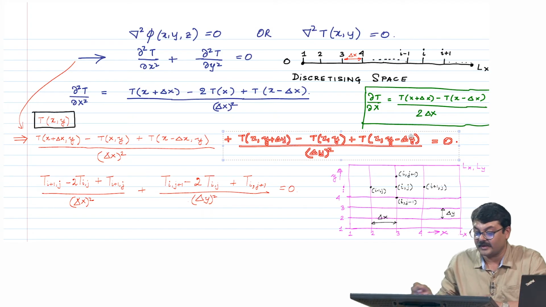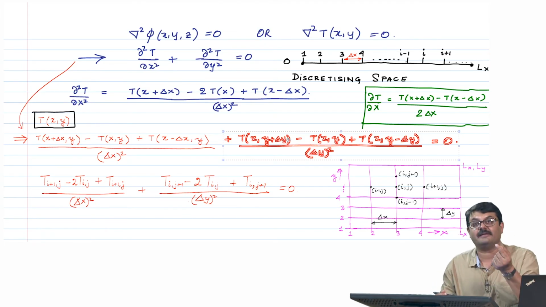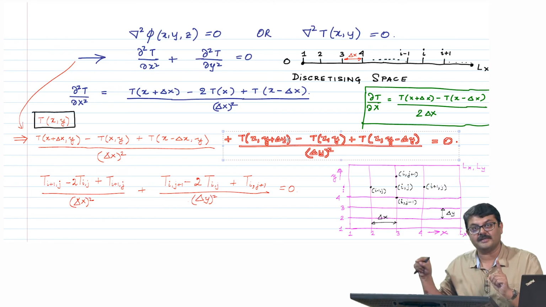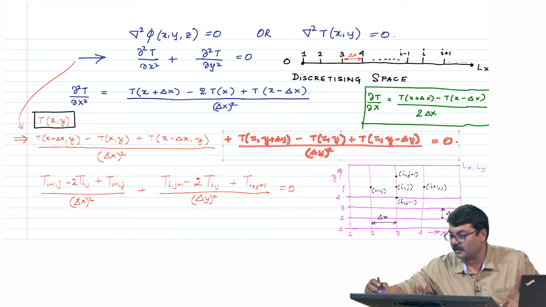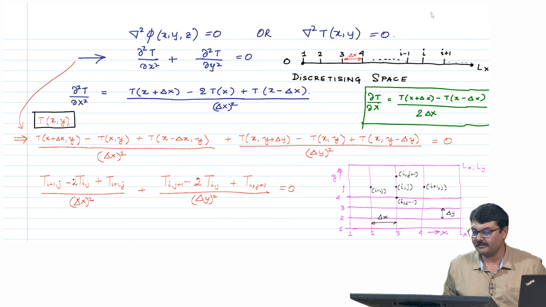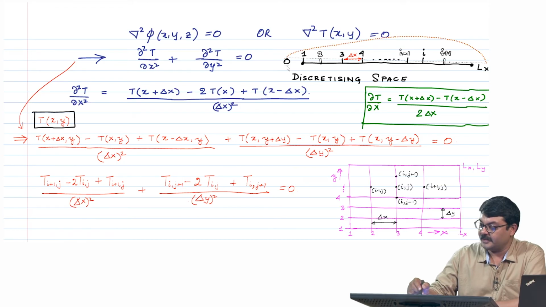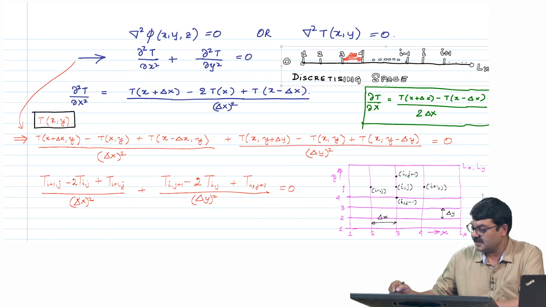Because now you are taking the derivative in the y direction, right. Previously, you were taking the derivative in the x direction, now you are taking the derivative along the y direction. Now, if that entire space, so from here this was in one dimension.